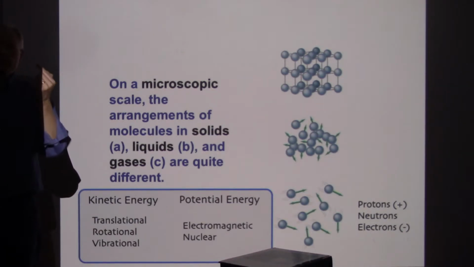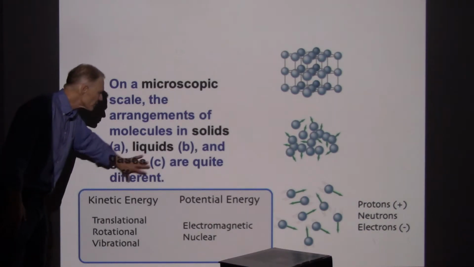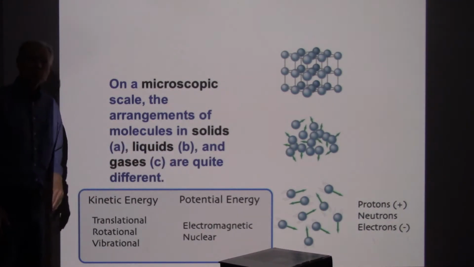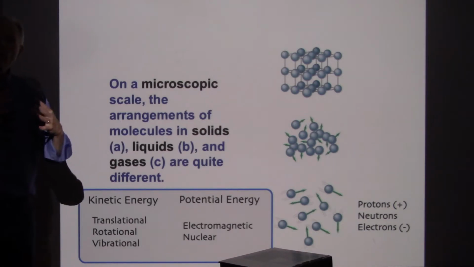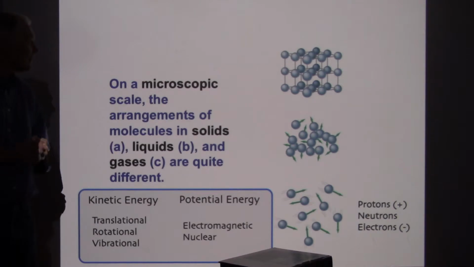So it's this balance, this effect of kinetic energies versus potential energies. Potential energies are trying to draw the molecules together and hold them in a pattern, whereas the kinetic energies are headed towards just random motion.